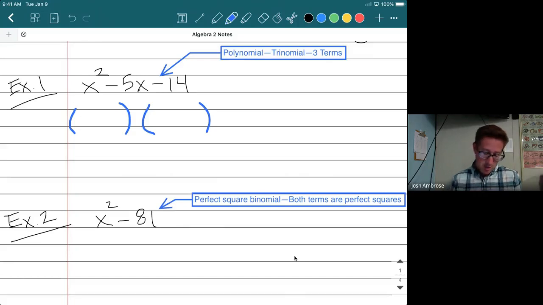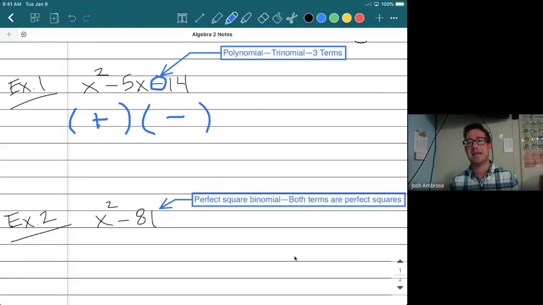One thing we should notice is that this last sign is a negative. When that sign is a negative, it means in the parentheses we will have opposite signs, positive and negative. Here's why: when you multiply a positive and a negative, you create a negative.